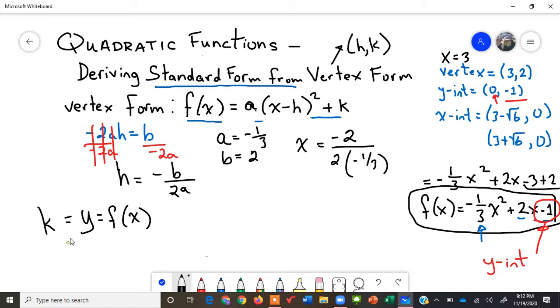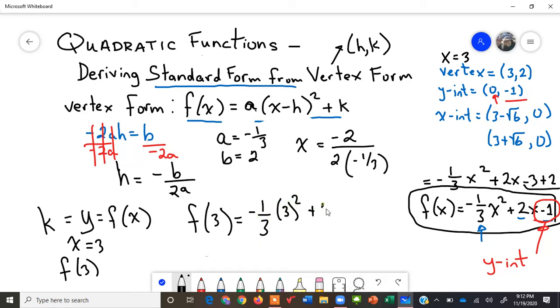So if our x is 3, we just need to find f of 3. So f of 3 is negative 1/3 times 3 squared plus 2 times 3 minus 1.